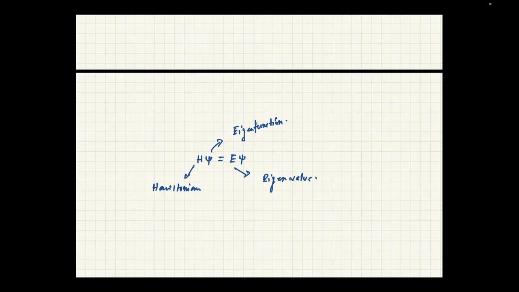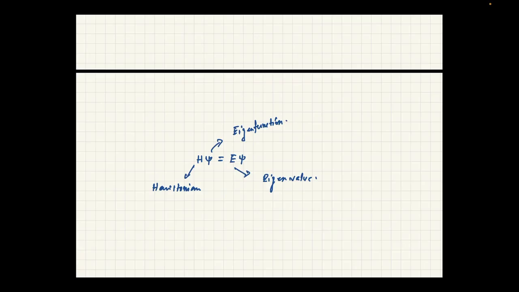So this is the eigenvalue equation. H is the Hamiltonian operator. If you perform the Hamiltonian operator on an eigenfunction psi, you get the same function psi back with a constant term, the energy eigenvalue. E is the energy and you get back the same eigenfunction psi. Okay, so this is the time independent Schrodinger equation, you know that.